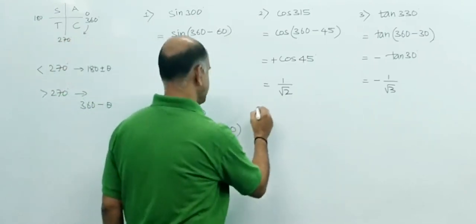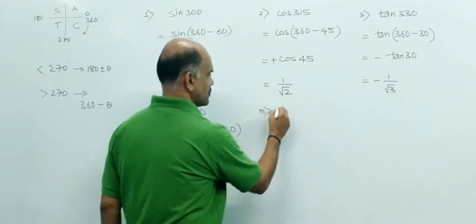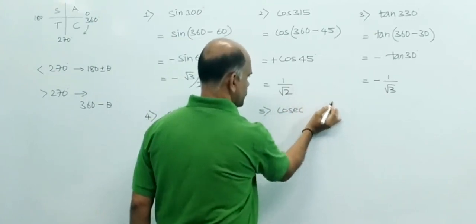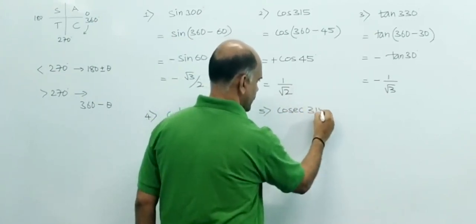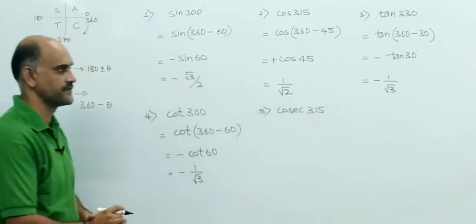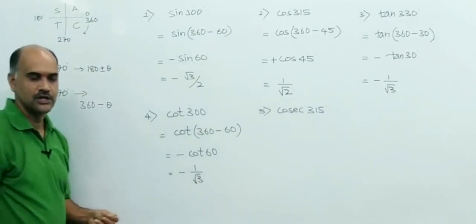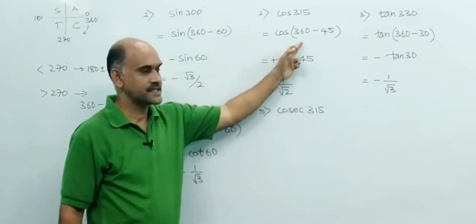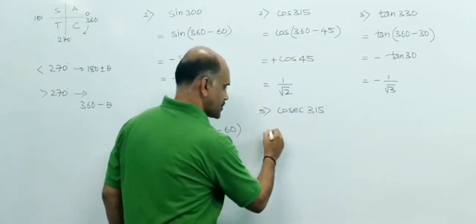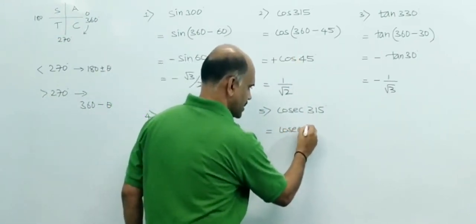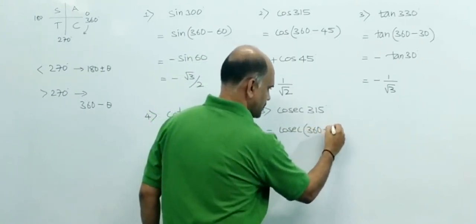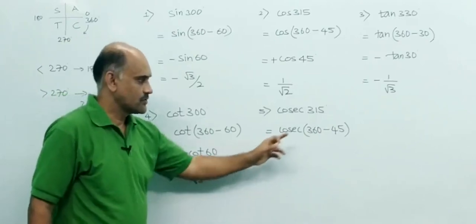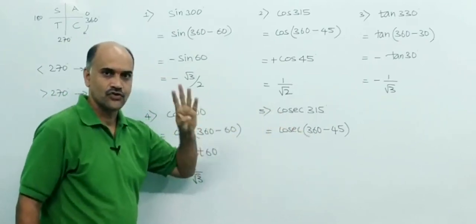Similarly, if I take fifth, cosec 315. Again 315 you can write as 360 minus 45. So you will have cosec 360 minus 45. Now 360 minus means in the fourth quadrant.